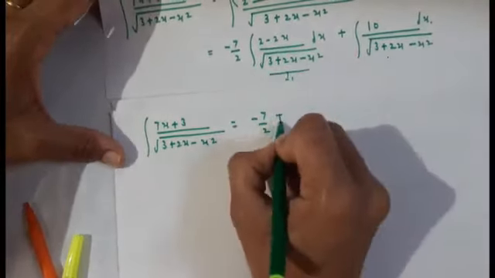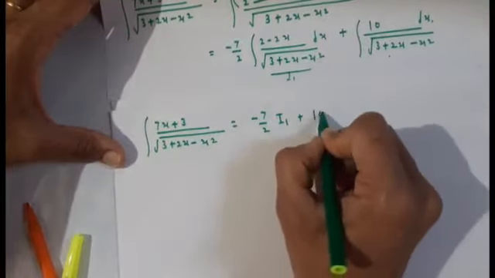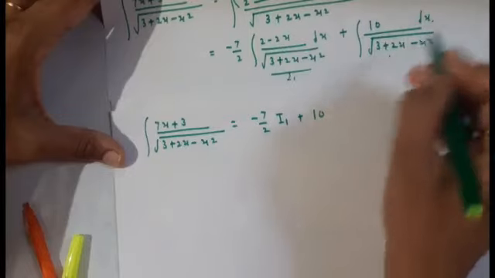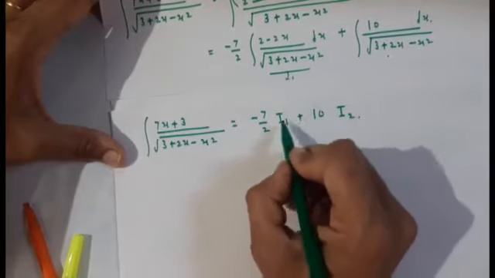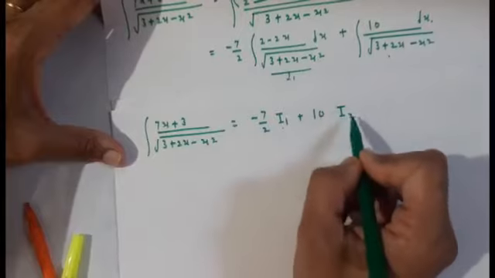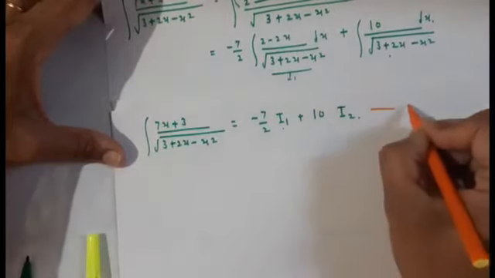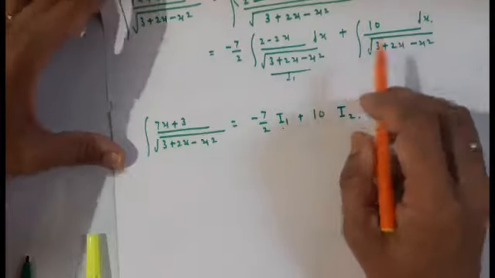It is minus 7 by 2 I1 plus 10 as a constant, and the integration of 1 upon square root of 3 plus 2x minus x square is I2. So let us find out the integrals I1 and I2, put the values here, and then we will get the solution. Suppose this is expression 1.